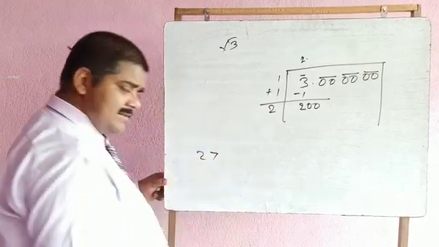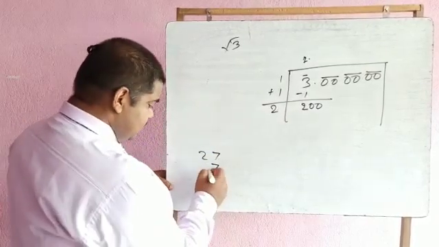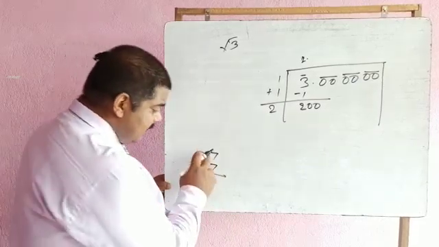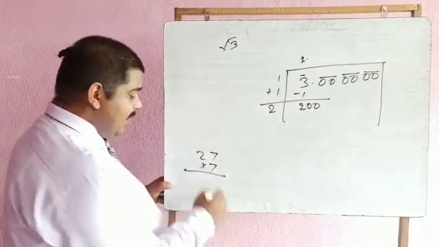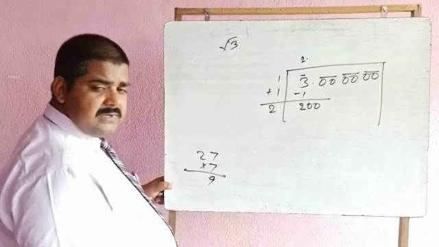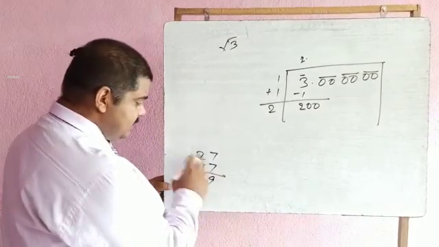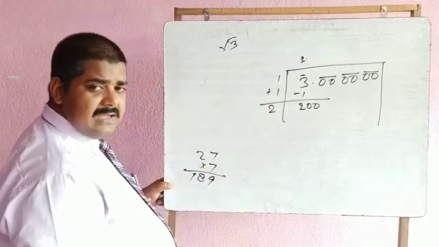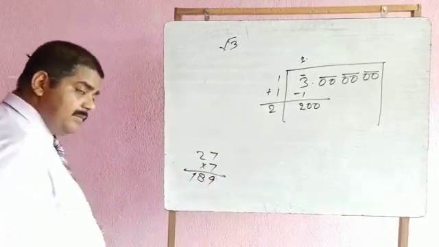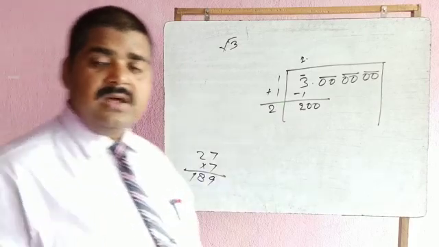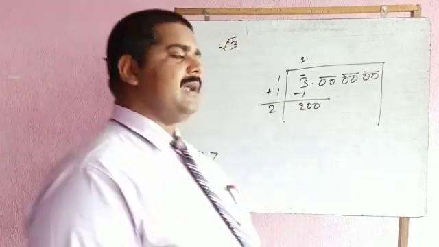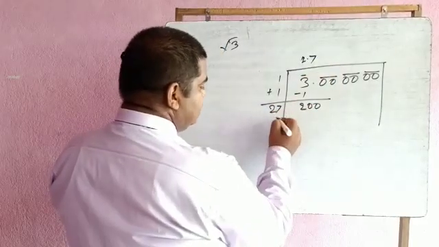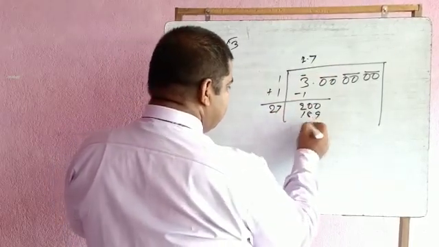I have just selected 7, and 7 you have to multiply. 7 must occupy the place at the unit place, and then you multiply. 7 7s are 49, 9, carry 4; 7 2s are 14, plus 4, 18. Actually 189. If you select some other number, it is much smaller or much greater than this, and this is why you have to take 7, and this is 189.